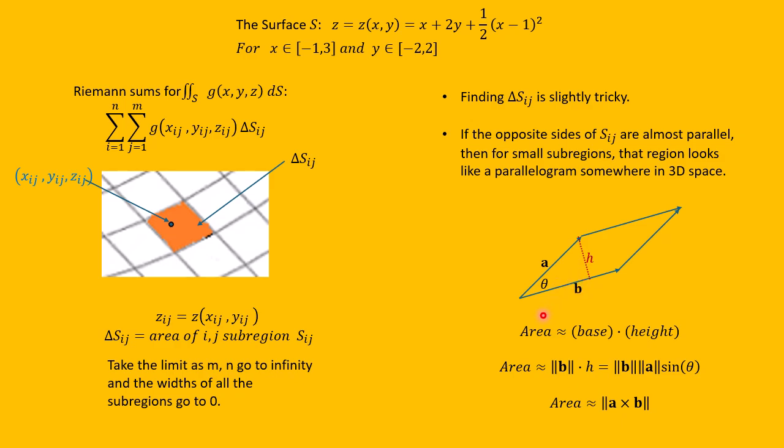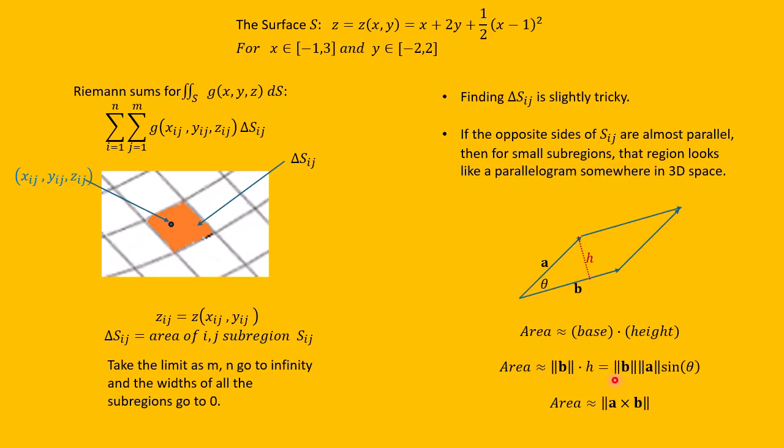So let's remember that the area of a parallelogram is equal to the base times the height. Okay, the base in this case is going to be this side, and so that's the length of b, times the height, which is this length right here. But the height is the length of a times sine theta for this right triangle over here, just using the definition of the sine function.